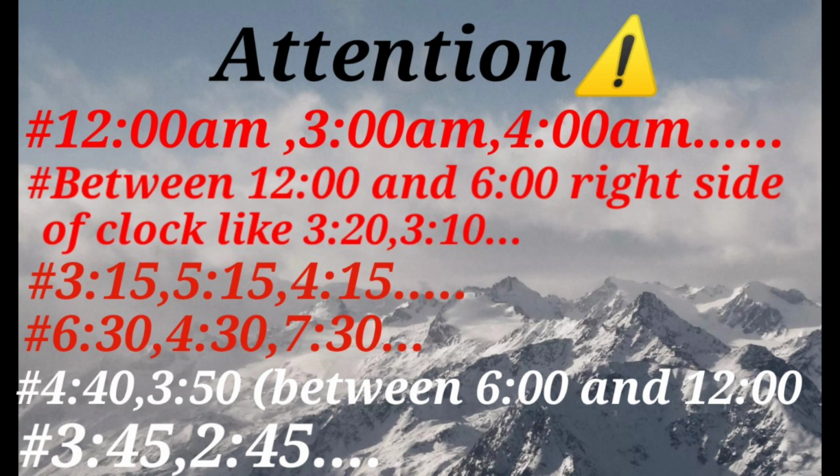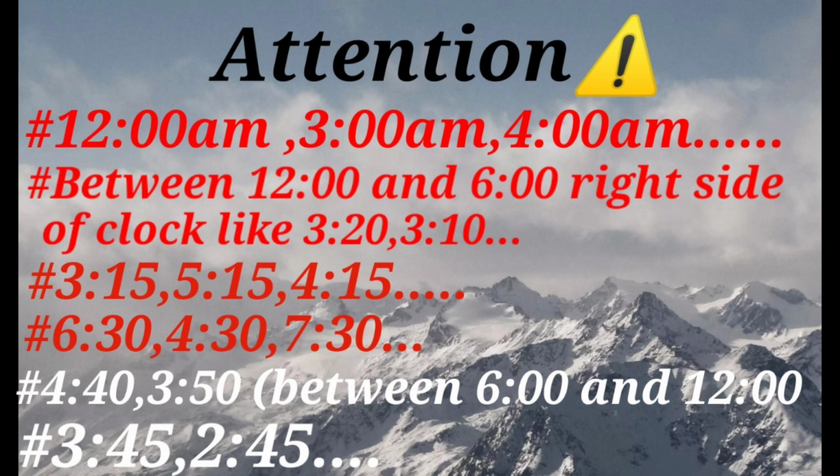The first point to keep in mind is 12 a.m., 3 a.m. and 4 a.m. These are specific, or you can say sharp times, like 12 a.m., 1 a.m., 2 a.m. There is no 3:45 or anything else. It's sharp time, like 3 a.m., 4 a.m., 5 a.m., 6 a.m. So that's the first point.